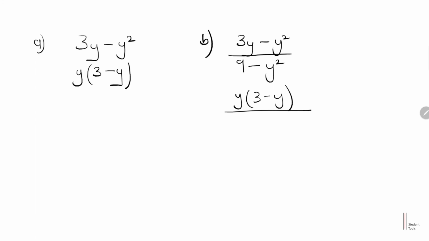So to do that, we know that this is a difference of two squares. So how do we factorize a difference of two squares? First, we will have our two brackets. So here we have 9. What is the square root of 9? The square root of 9 is a 3. So we'll have 3 here and here. And then we have y squared. The square root of y squared is y.